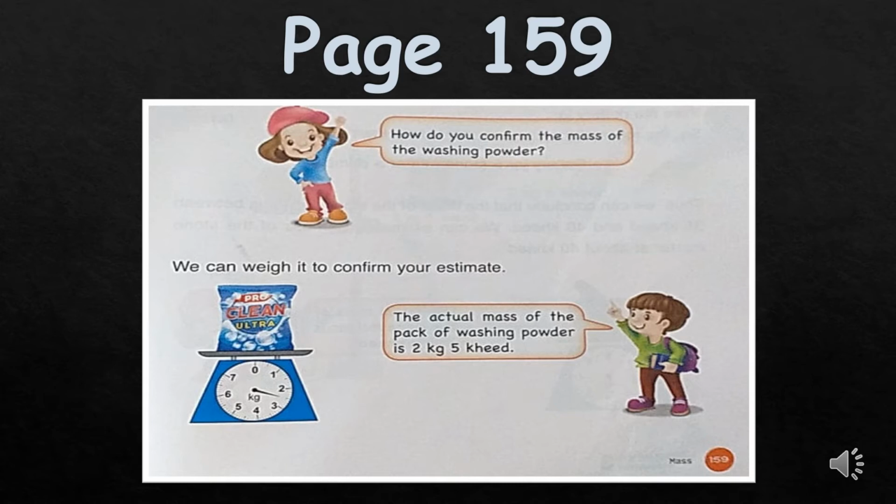Well, we can weigh it to confirm your estimate. So we put the bag of washing powder on the scale and look at the scale. The actual mass of the pack of washing powder is 2 kilograms and 5 keys. So our estimate was correct.